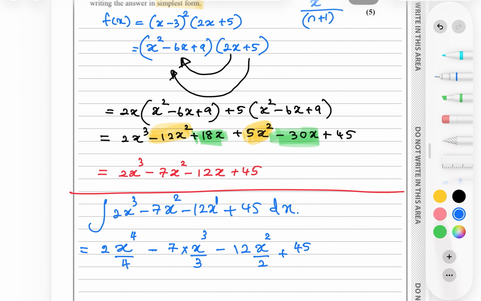We will consider 45 as 45 times x to the power 0, so it would be x to the power 1 divided by 1.